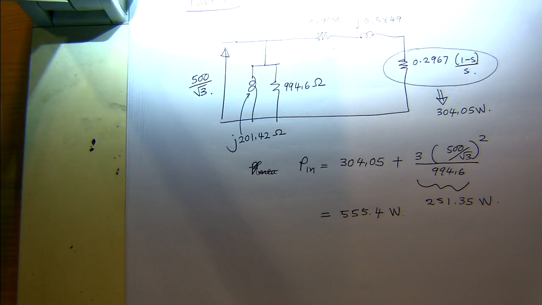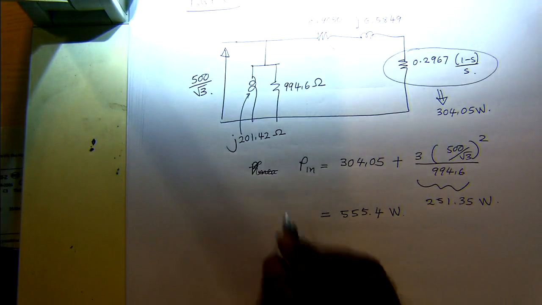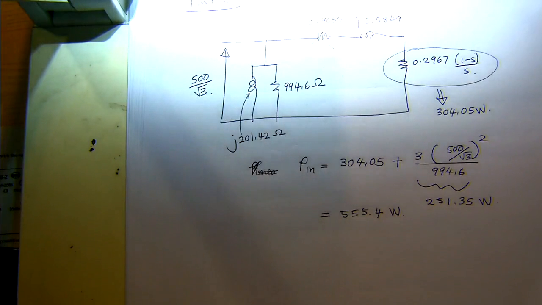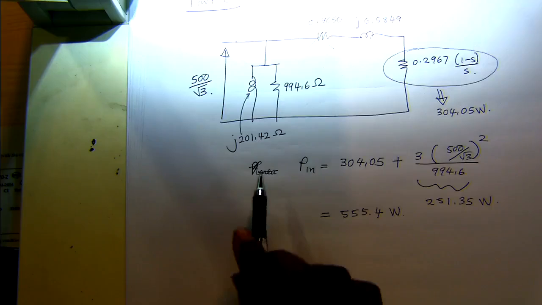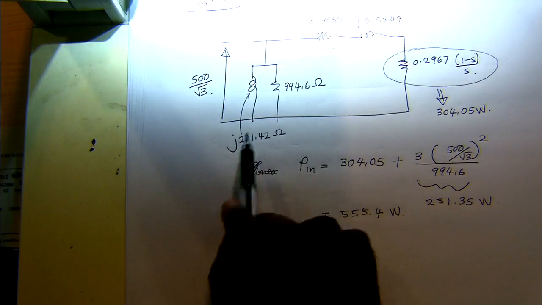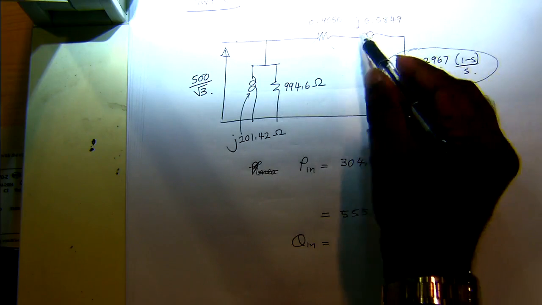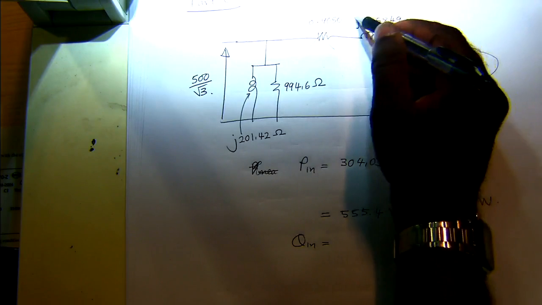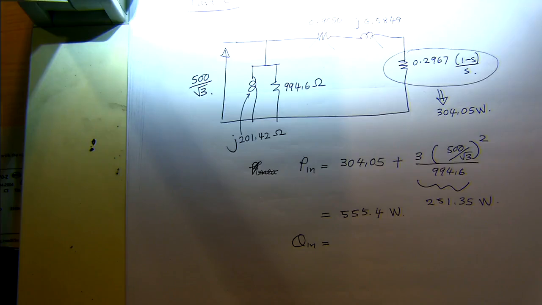So we need to find the line current and the real power measurement. To find line current, we need to find the apparent power. So then we need to find the reactive power and combine it with the real power. So Q in will be, there's no reactive power in this branch. The current in this branch is really small, so we neglect the reactive power in this as well.